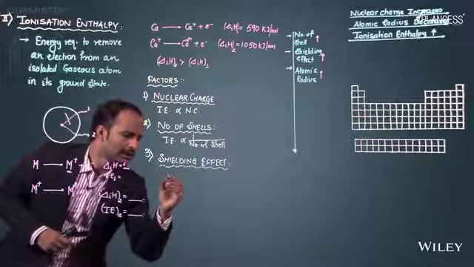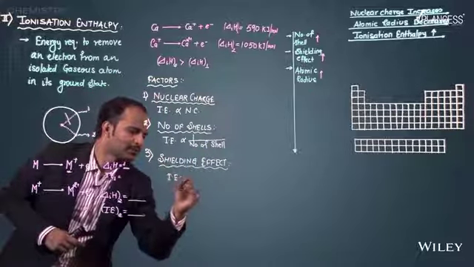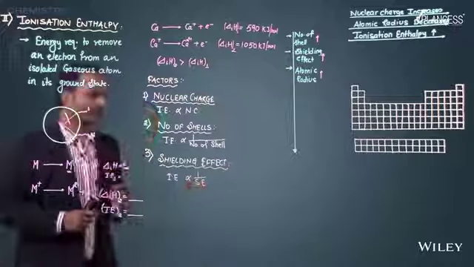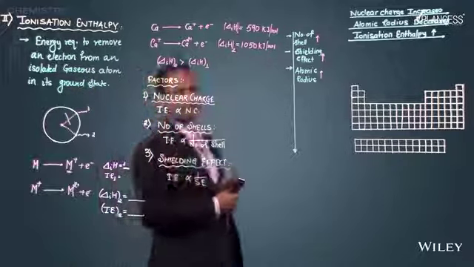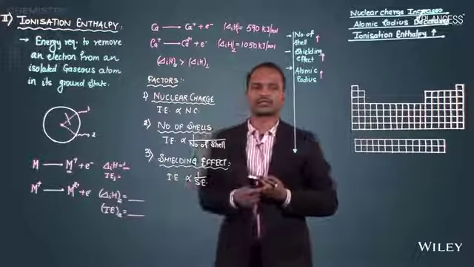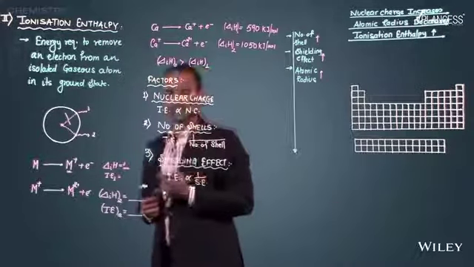So here I can say that ionization enthalpy is inversely proportional to the shielding effect. More the shielding effect, more will be the repulsion by the inner shell electrons, and hence weaker will be the attraction and less energy will be required to remove the electron.